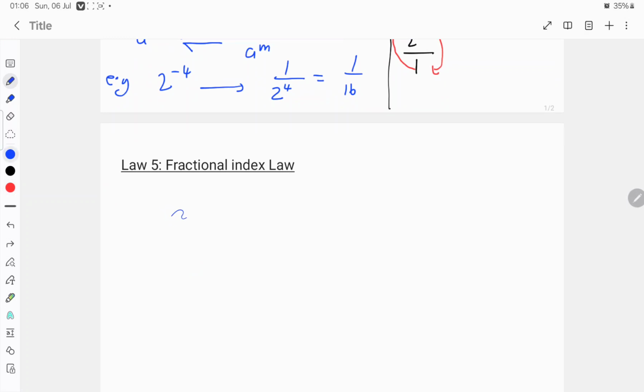Let's say we have the root of a power m, and then we have the n there. So what you're going to do, if we don't want to write it in root form when simplifying, then you're going to say m over n. You must understand that the n will come and divide the index that a is having.